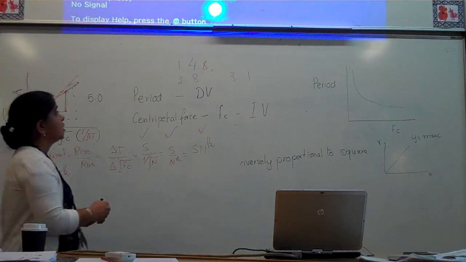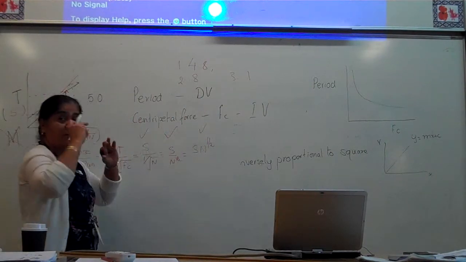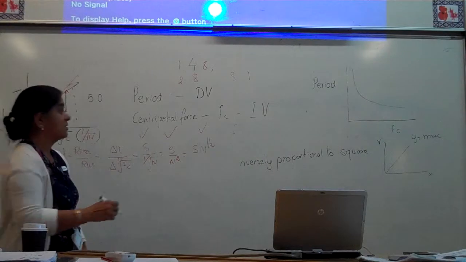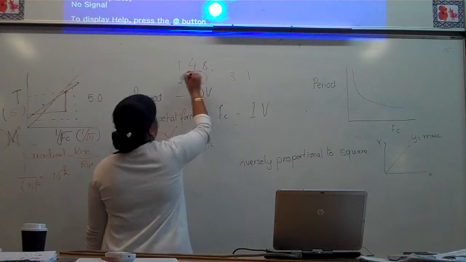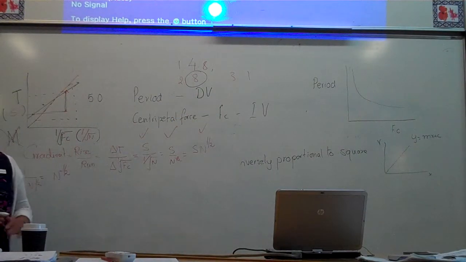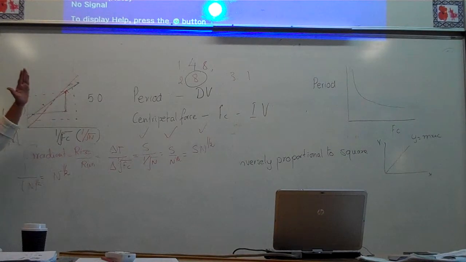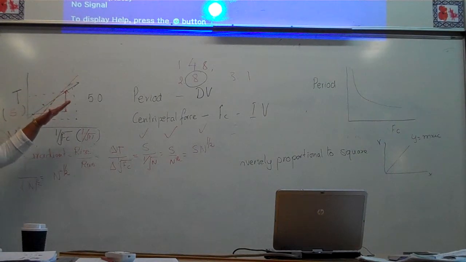The correct answer could be, I'm not saying that's the perfect answer, but the only correct answer possible is 8. Because as you can see, obviously this red line is steeper than the black line. So if it is steeper, it is going to have a bigger gradient.